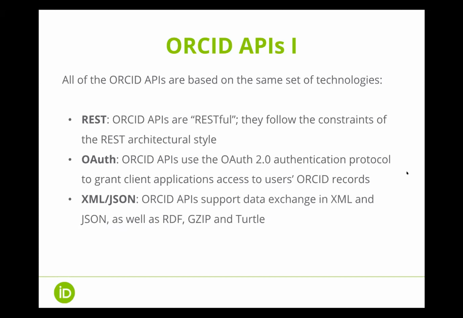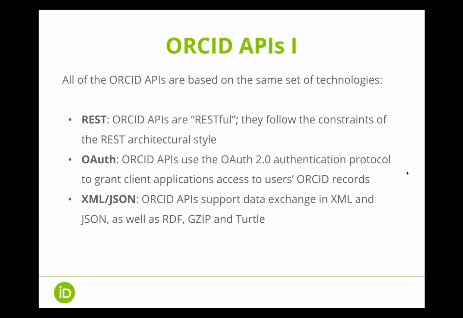So to give you some basics around the ORCID API, it's a RESTful API, meaning it works with HTTP calls, and it uses an authentication protocol. It can be used with 2-legged and 3-legged authentication.